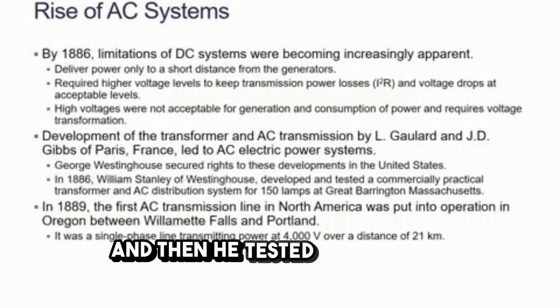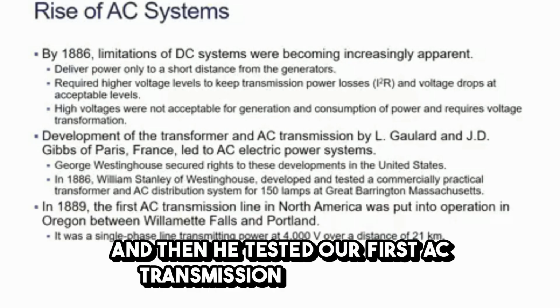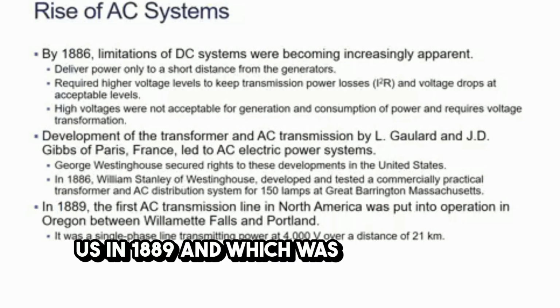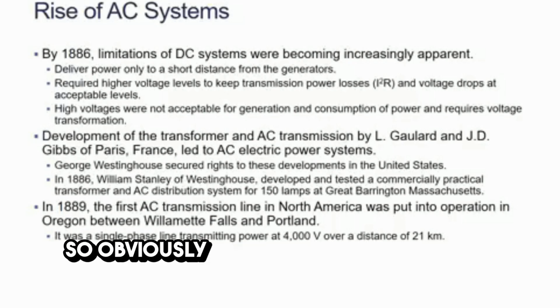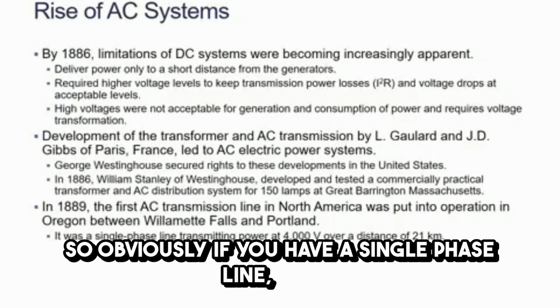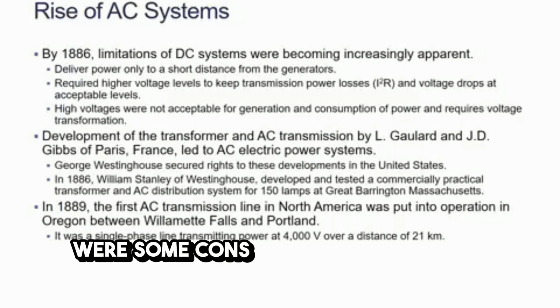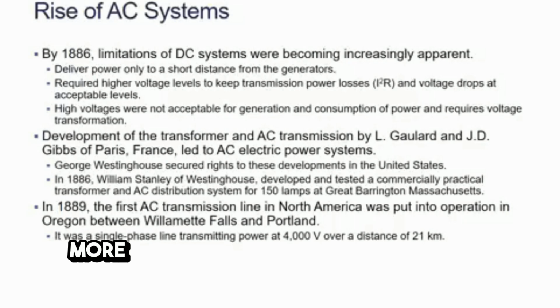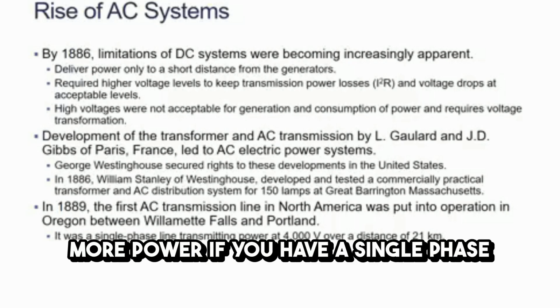Then he tested the first AC transmission system in the US in 1889, which was just a single phase line. Obviously, a single phase line had some cons, because you cannot transfer more power with it.